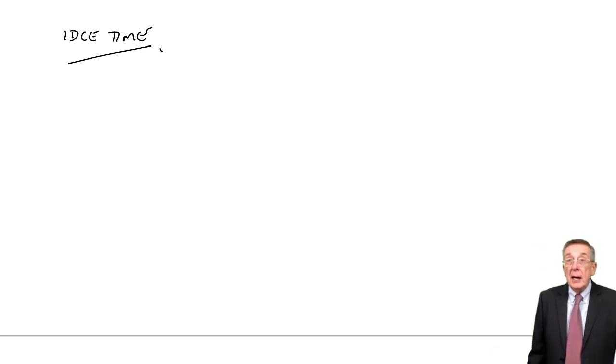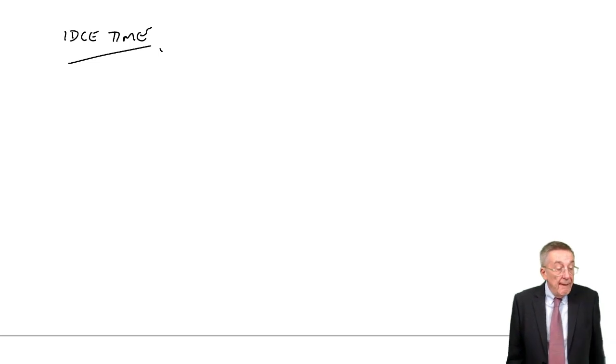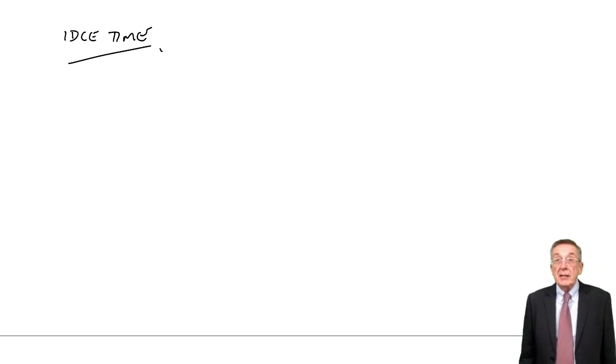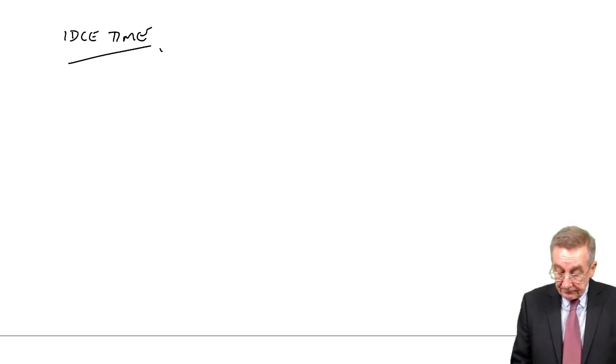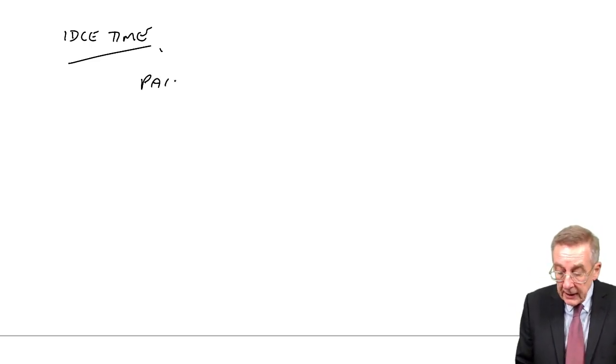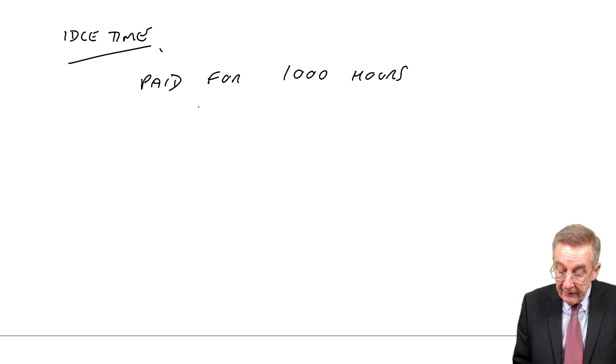Well, the ratio, I hardly need an example, but I will. It's the idle hours divided by the total hours. So just suppose I told you this week we paid for 1,000 hours work, but 50 of the hours were idle.